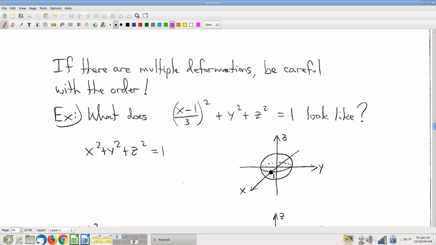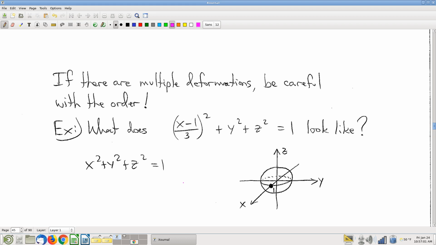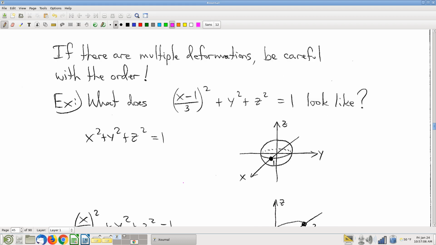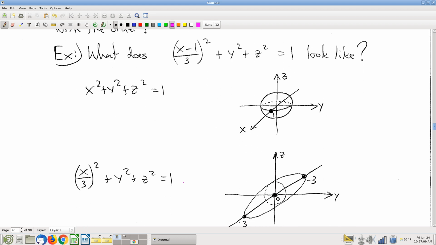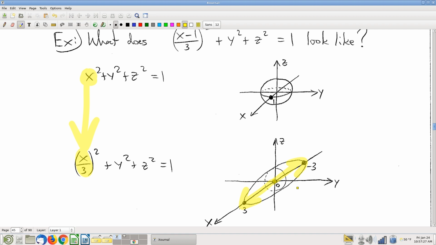I just want to demonstrate by example, and I think you'll see what I'm talking about. First, wrong though it seems, I'm going to replace every x that I see in this equation with x over 3, thus stretching by a factor of 3 in the x direction. It seems like I may have painted myself into a corner, because aren't you supposed to do the subtraction first? Well, check it out.